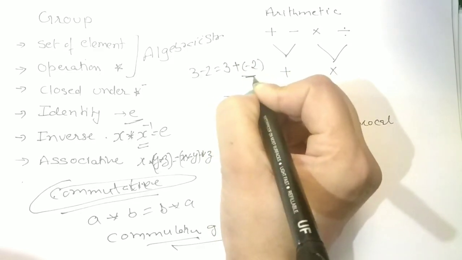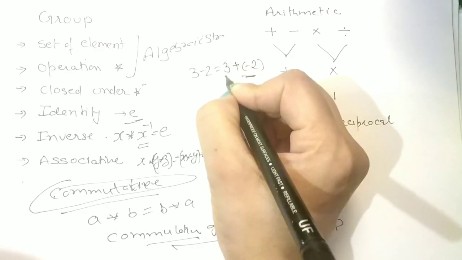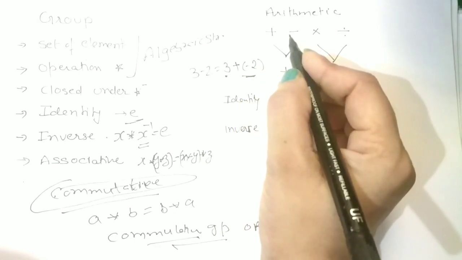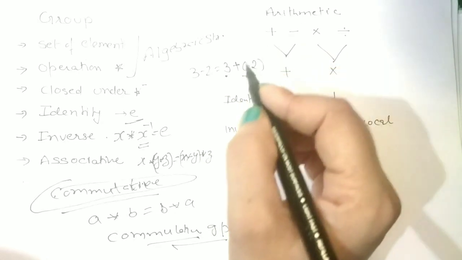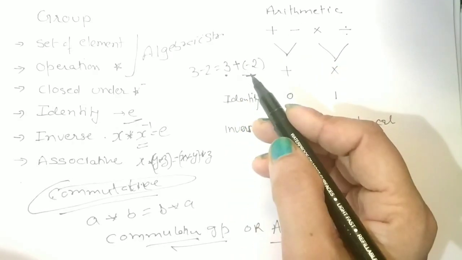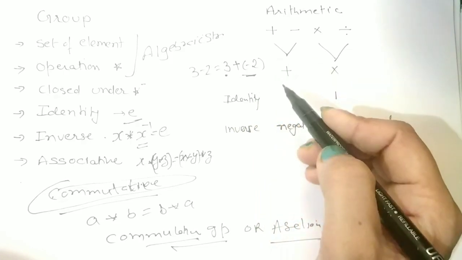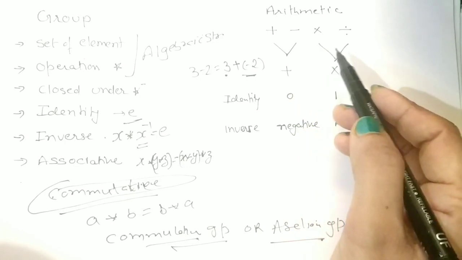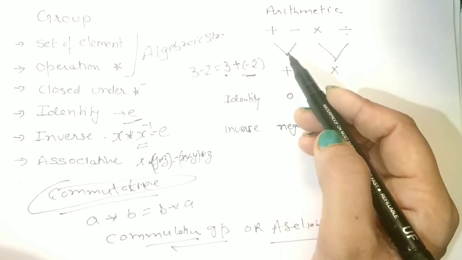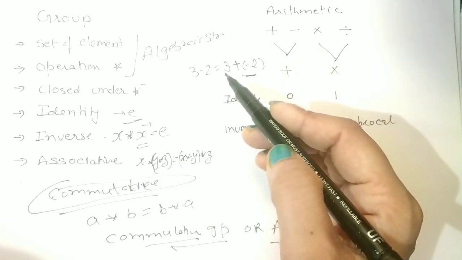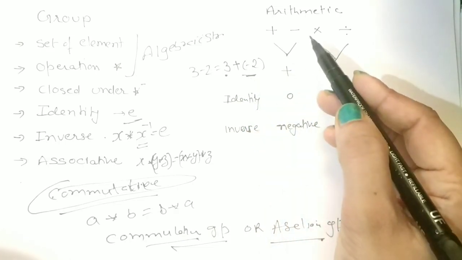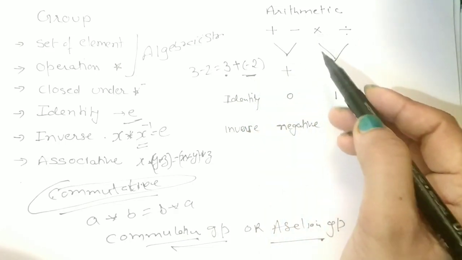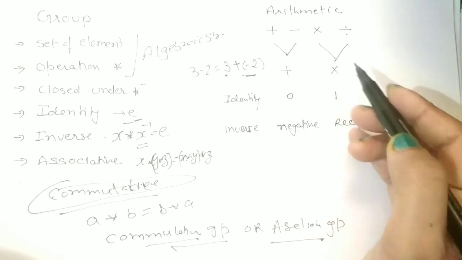So we are adding a negative number to 3. So that means subtraction is nothing but addition with a negative number. So actually we have only two operations in place of four, because minus is the same as addition with the negative number. Similarly, divide is the same as multiplying with the reciprocal number.